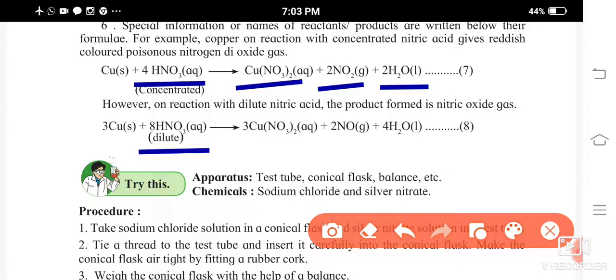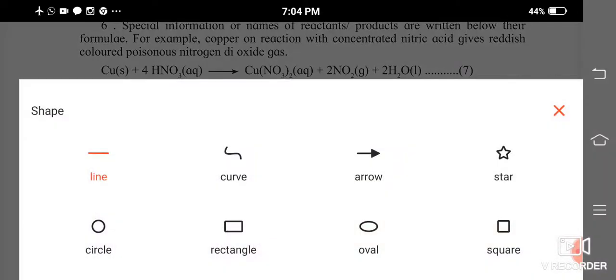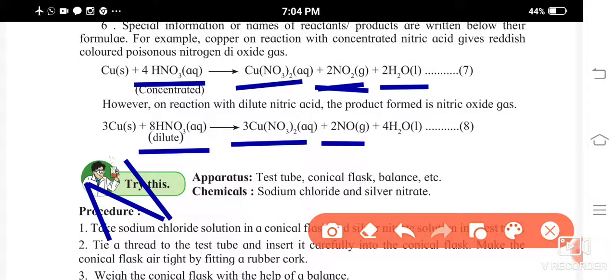So when copper reacts with dilute nitric acid, that time, copper nitrate plus nitric oxide. Here, nitrogen dioxide, NO2. So nitrogen dioxide was formed in the first case, right? Yes, nitrogen dioxide was formed when copper reacted with concentrated nitric acid.